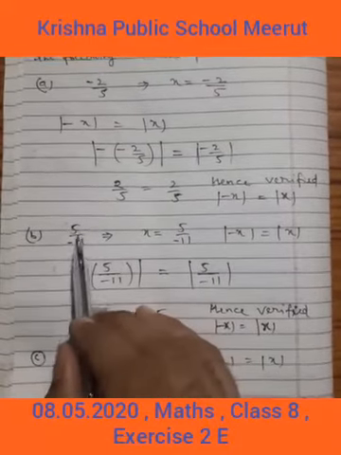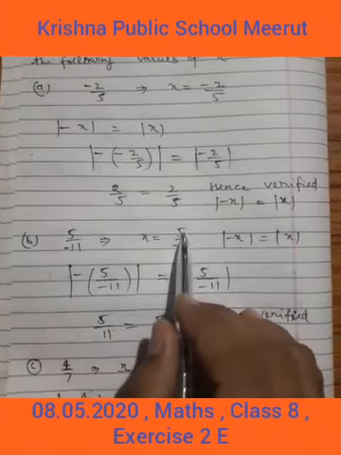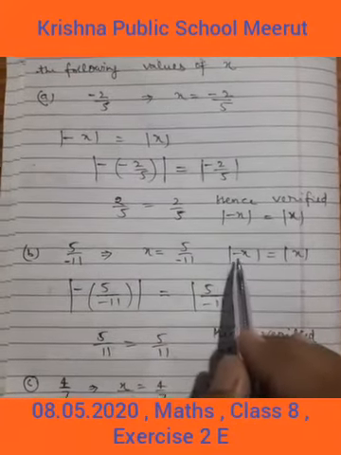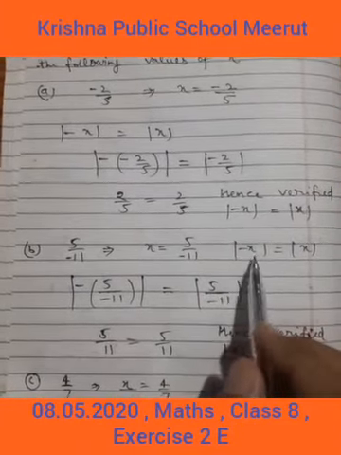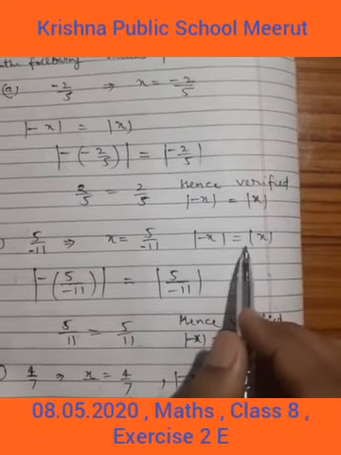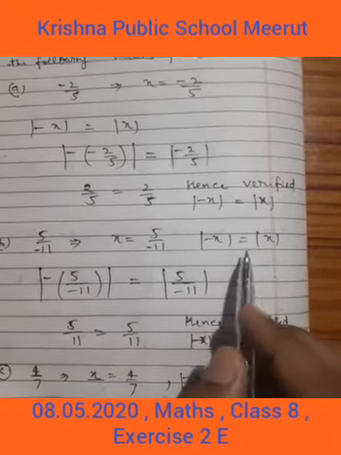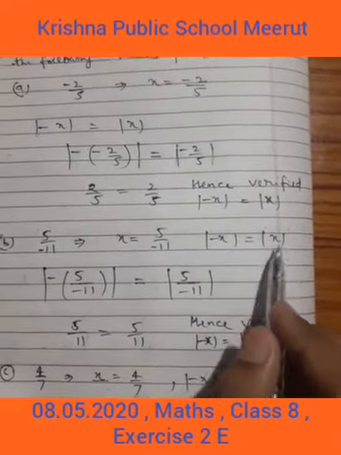B part is 5 upon minus 11, that is x is equal to 5 upon minus 11, given that minus x in vertical lines is equal to x in vertical lines, or we can say absolute value of minus x is equal to absolute value of x.